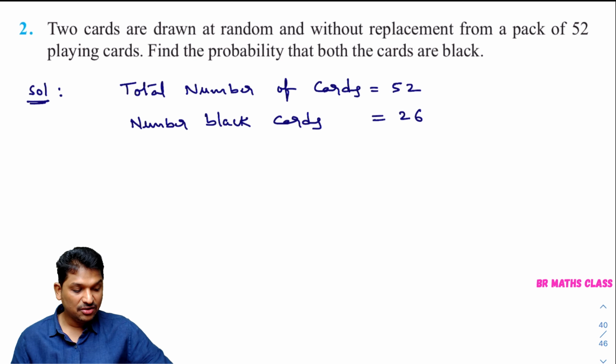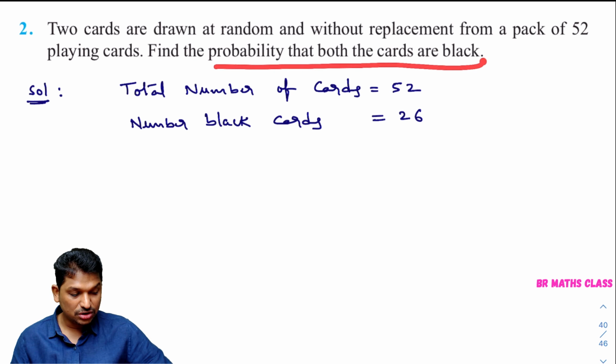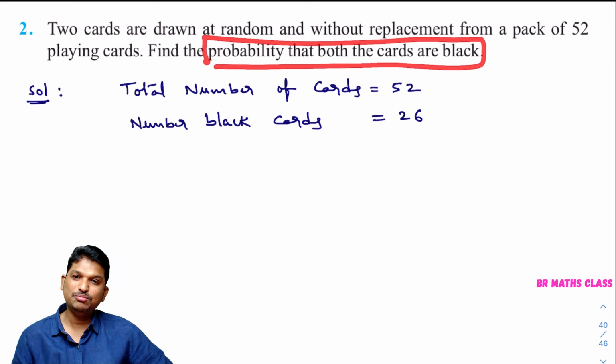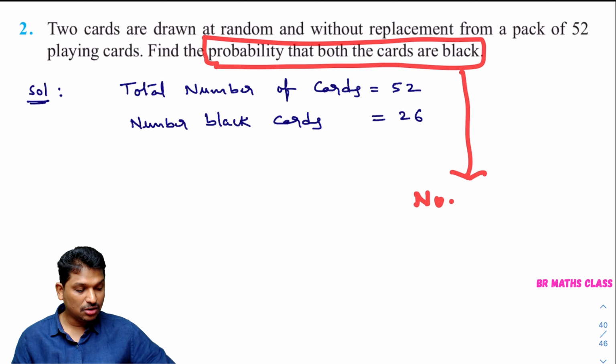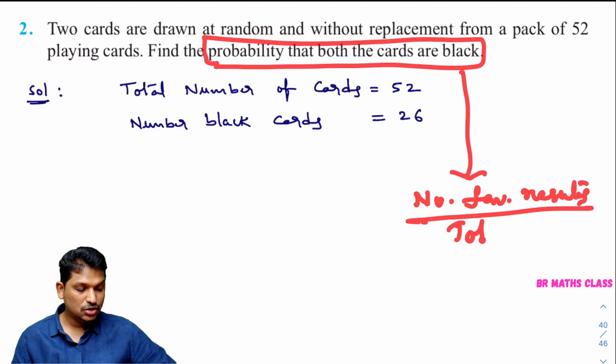What are they asking? Find the probability that both cards are black. See, the question is simple. What is the probability formula? The definition: number of favorable results divided by total number of results.